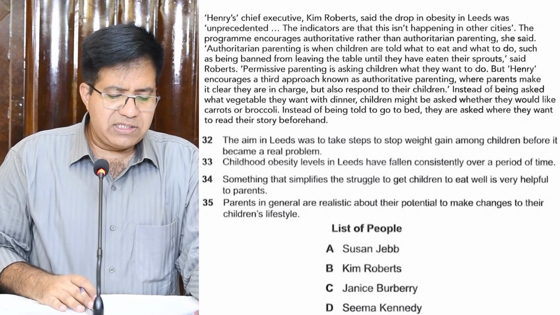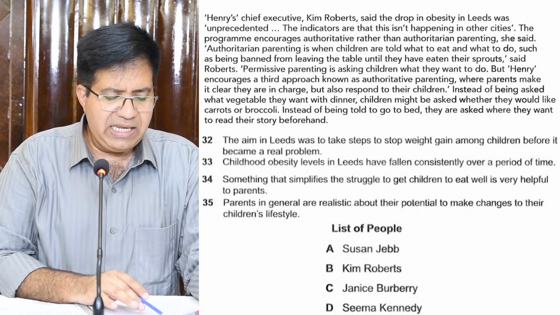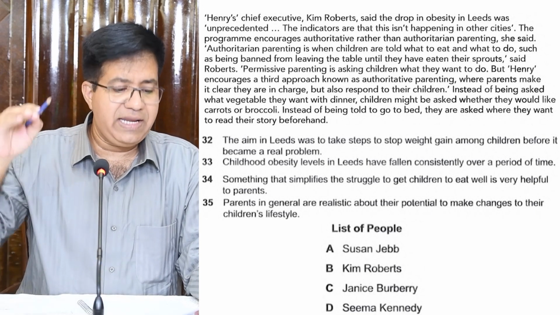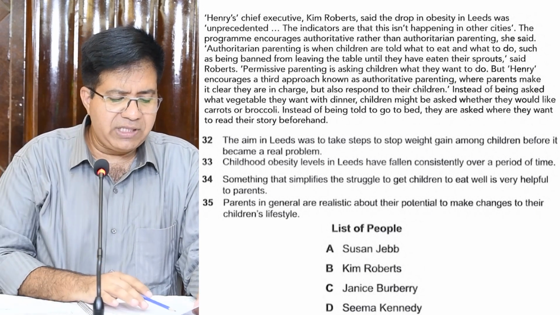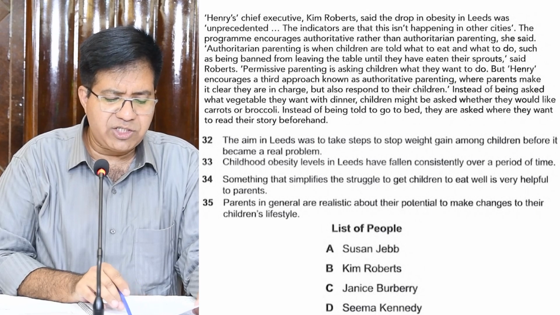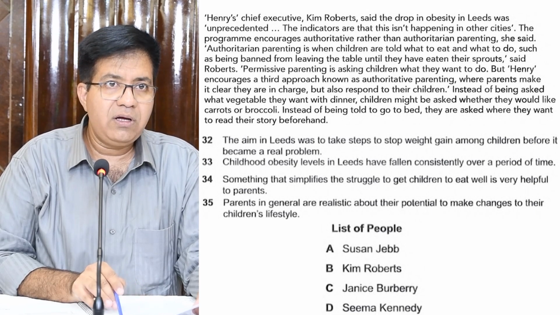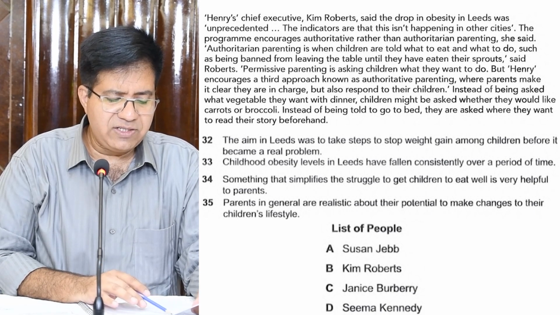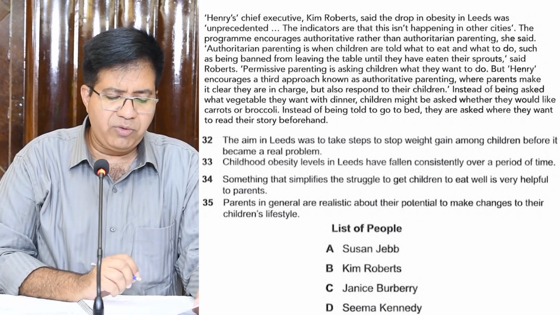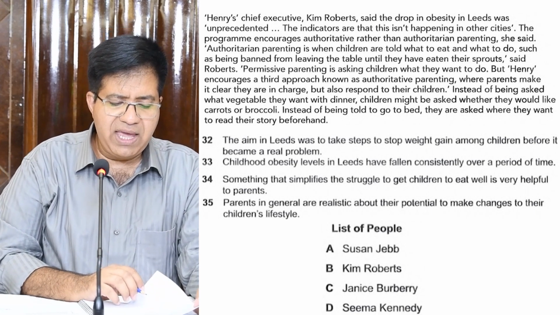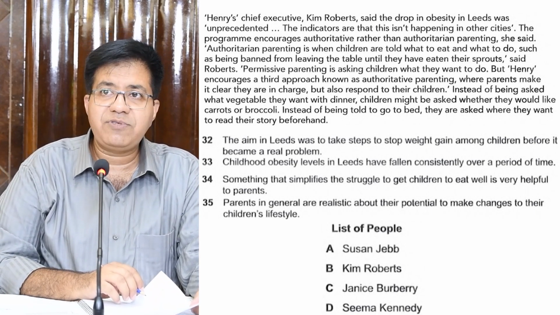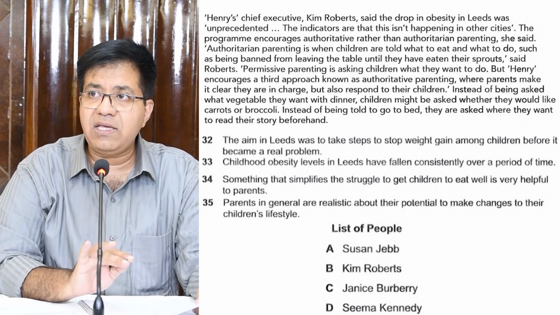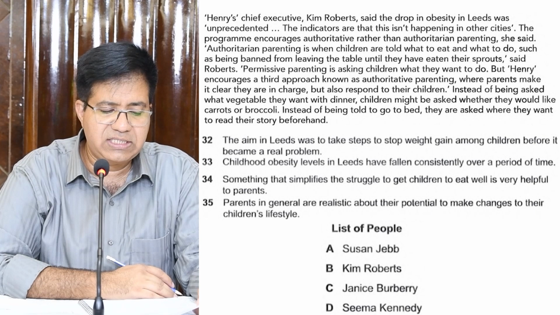Question 32, does it match? Aim in Leeds was to take steps to stop weight gain. No, she's only talking about parenting. 34, something that simplifies the struggle to get children to eat well is very helpful. 35, parents in general are realistic about their potential to make changes to their children's lifestyle, not mentioned. Now, leave Kim for the time being and we go on to Janice.